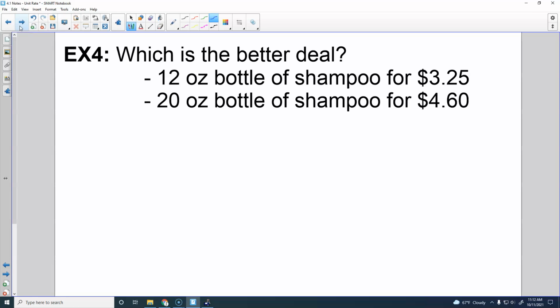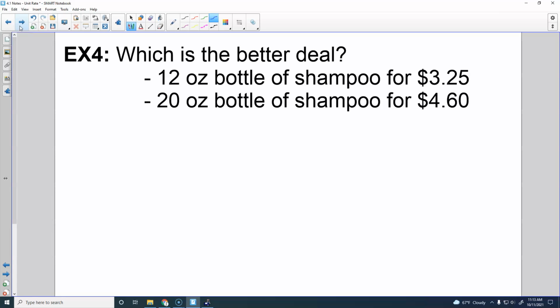You can buy a small bottle. You can buy a giant bottle. In general, it's usually cheaper to buy the bigger bottle, right? But it is not always cheaper to buy the bigger bottle. You have to watch out. They trick you sometimes. So to know, you want to find the cost per ounce for each bottle, right?